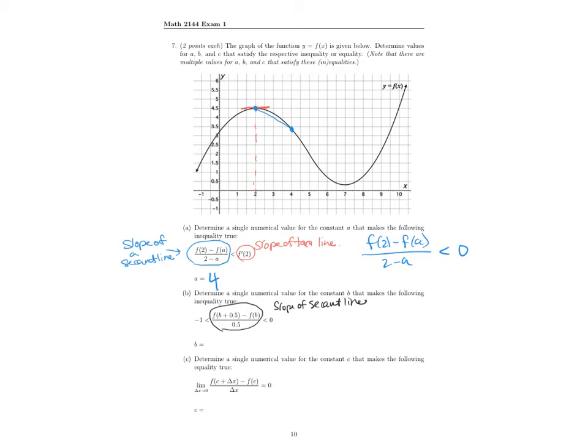But this needs to go from x equal b to x equal b plus 0.5. So in some interval of 0.5, it needs to have a negative slope, but not less than -1.